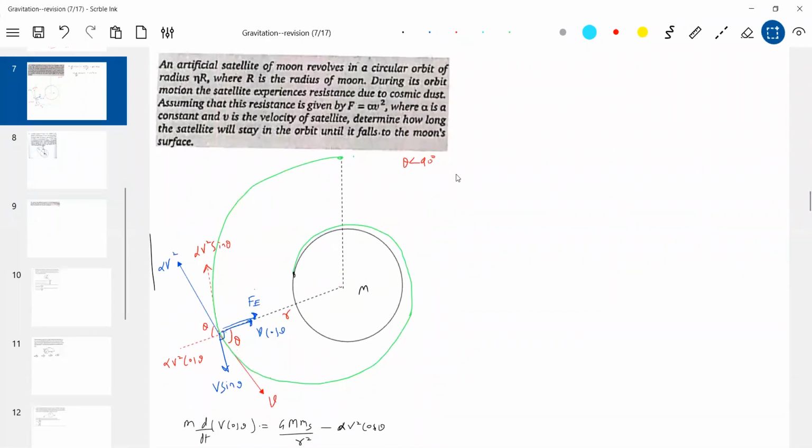As a teacher, I think I should analyze both the cases. That's why I'm showing this. So this is for high viscous drag.